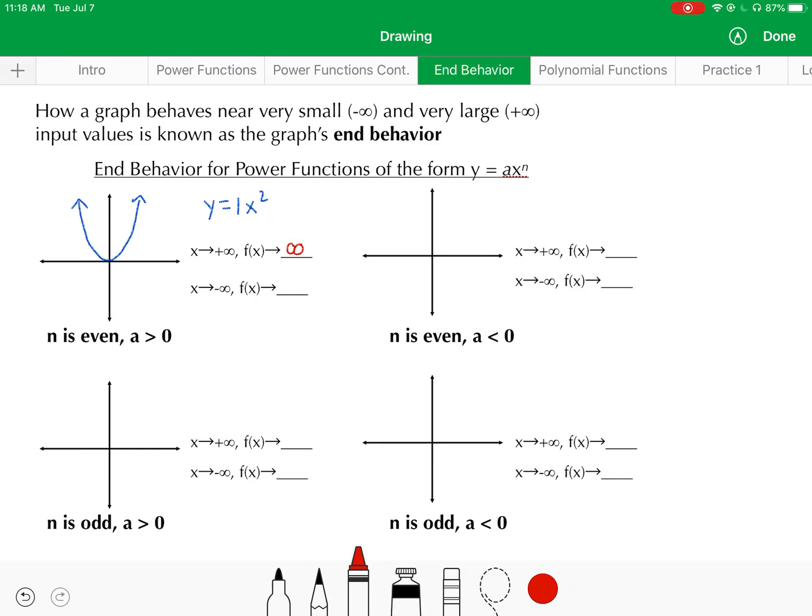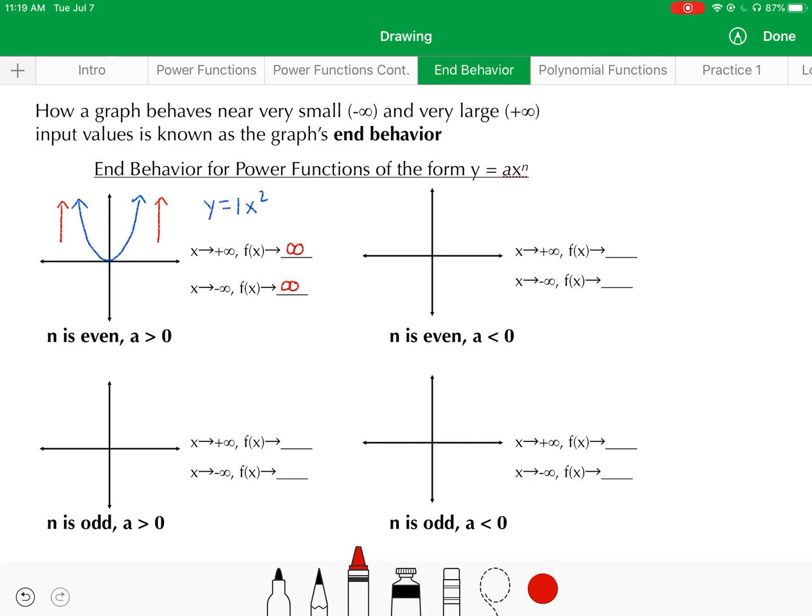In terms of the graph, that's just focusing on the right side of the graph, that it's heading upward. As my x values are getting larger, so are my y values. As my x values get smaller, when I raise a negative number to an even power, it turns back to positive. So that means my y values would be approaching positive infinity. So that's focusing on the left side of the graph.